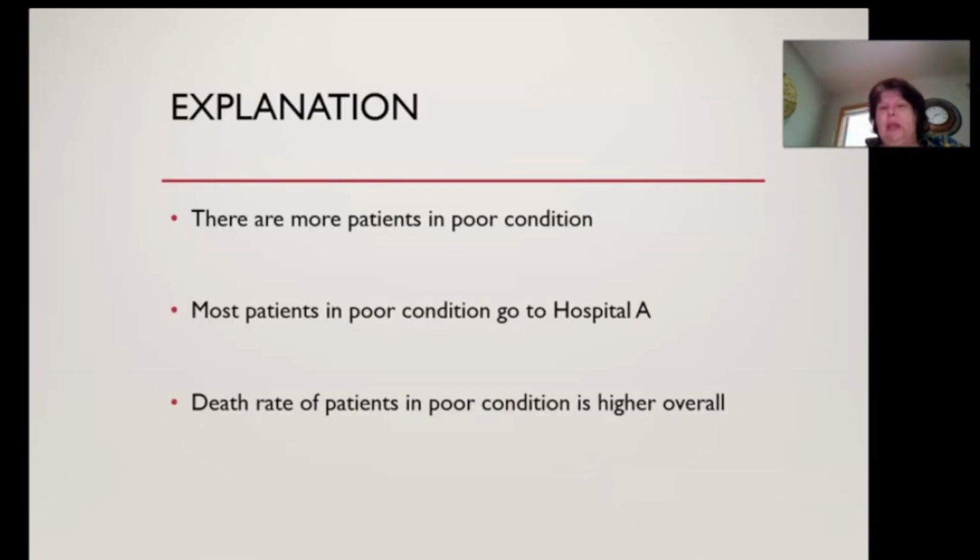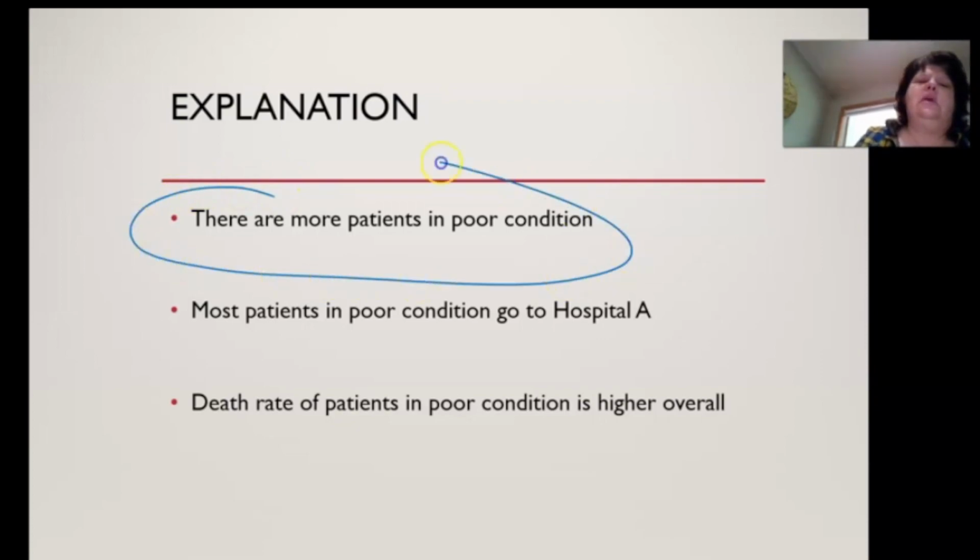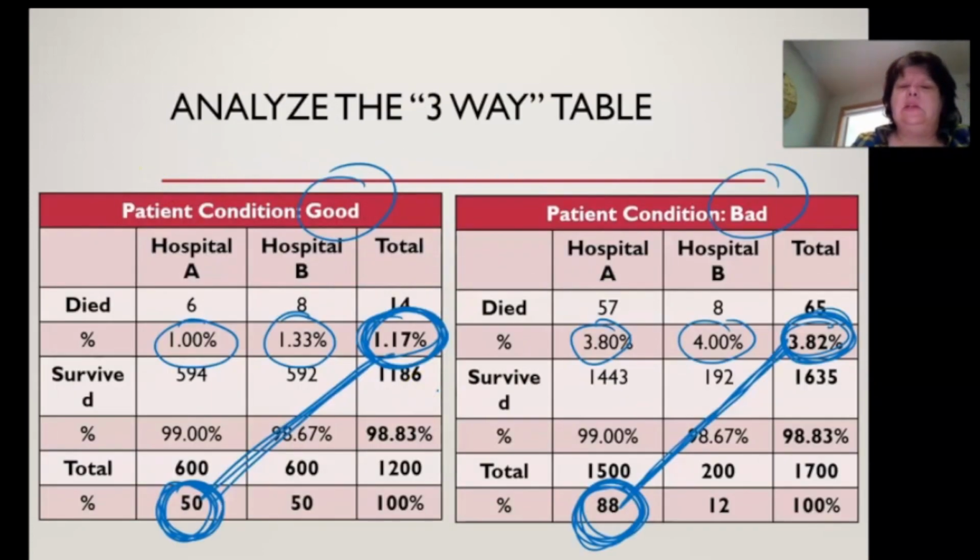W-E-I-G-H-T-I-N-G. There are more patients in poor condition, and more patients in poor condition going to hospital A. The death rate of patients in poor condition is higher overall. Let's go back. 1,700 patients in poor condition versus 1,200.